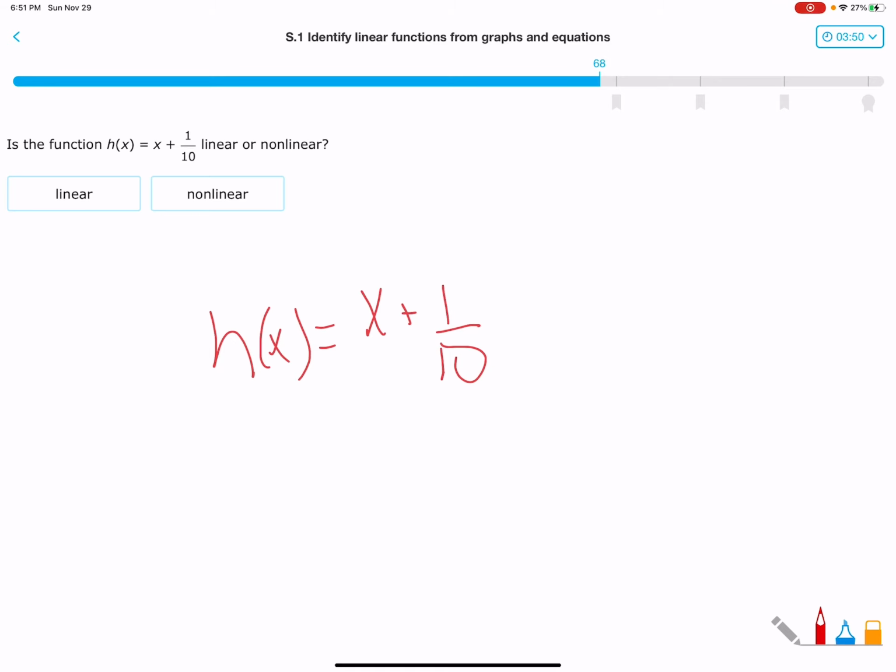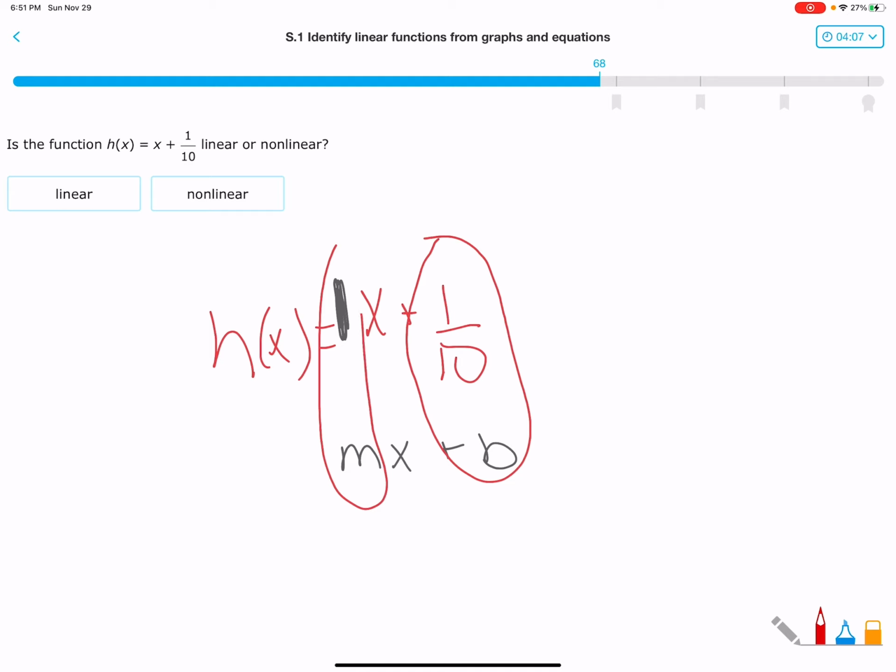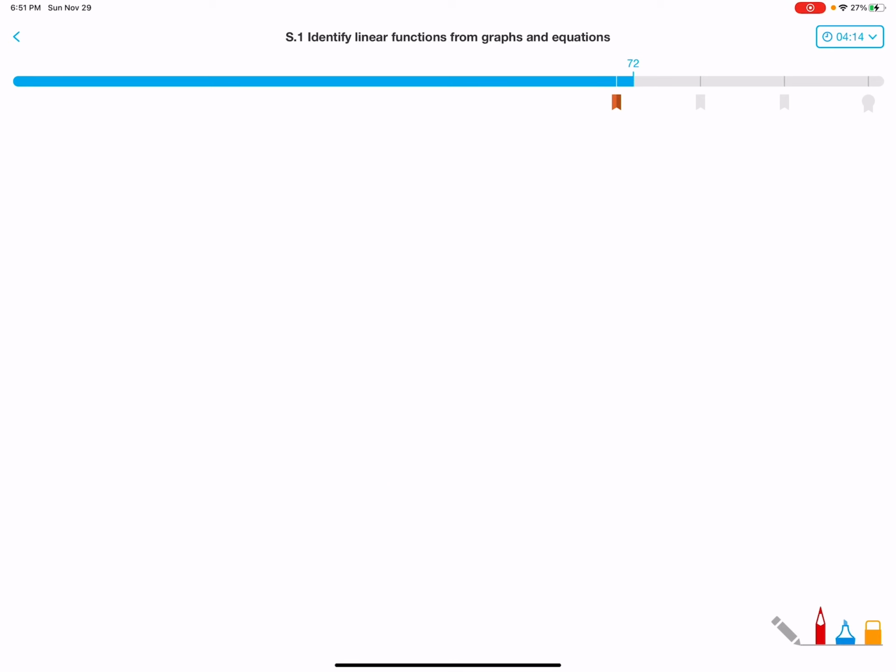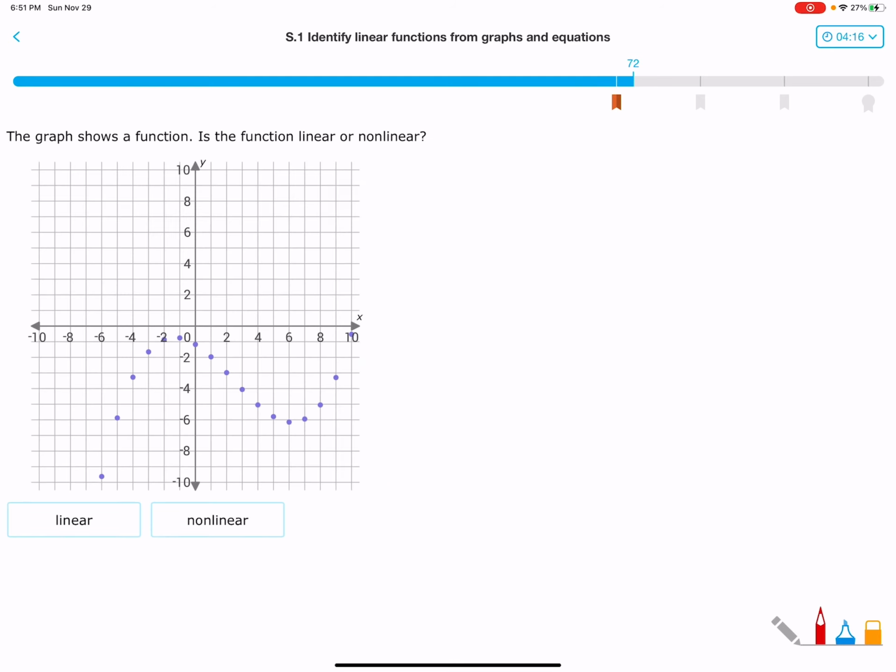If we look at mx plus b form, the 1/10 serves as our b. Our m is the number in front of x, which is 1, and x is still x. Therefore, it is indeed linear.